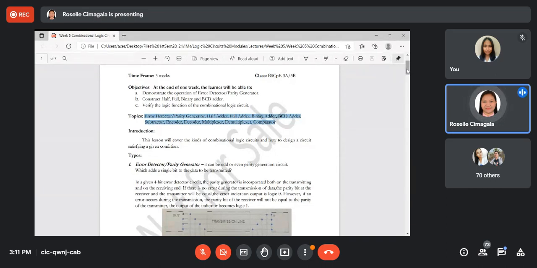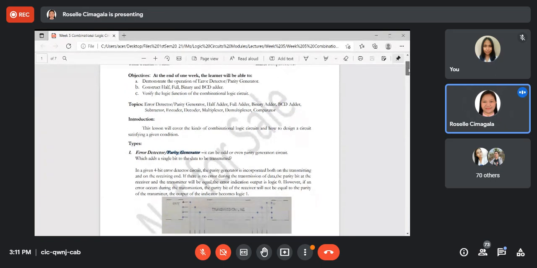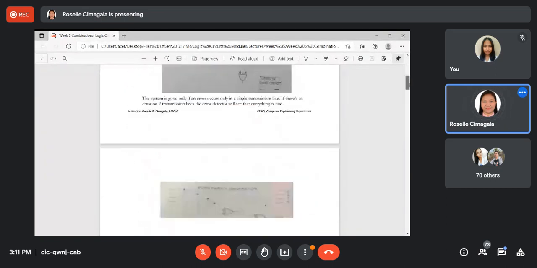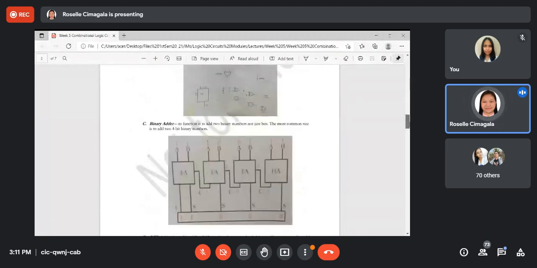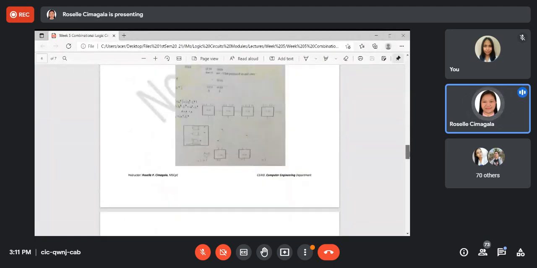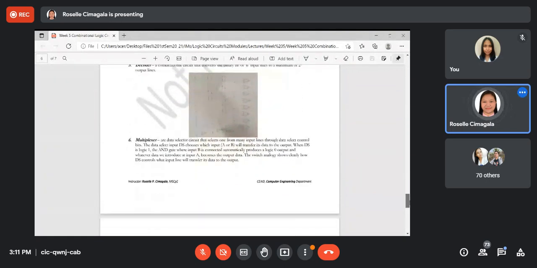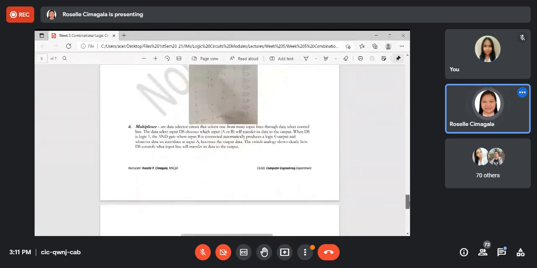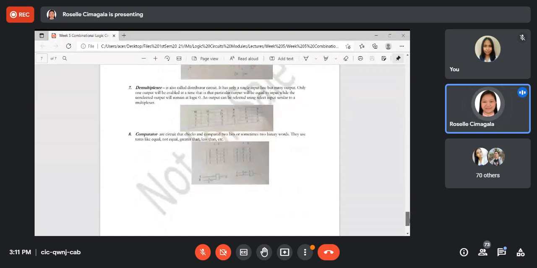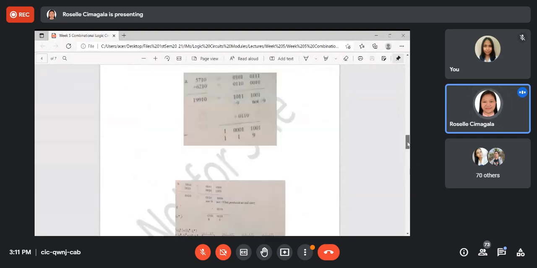So my role now is to mention how a parity generator or error detector works so that you could determine its output with a given series of inputs, as well as an adder circuit and a subtractor circuit, and then the encoder and decoder circuit, the multiplexer and demultiplexer, as well as the comparator circuit.